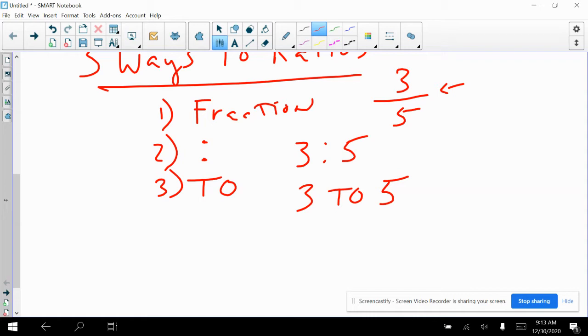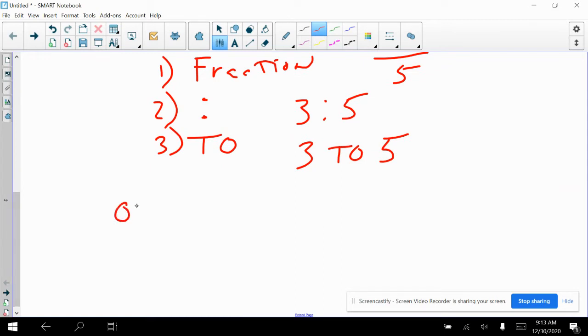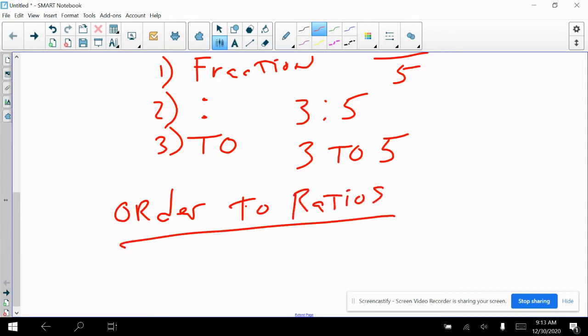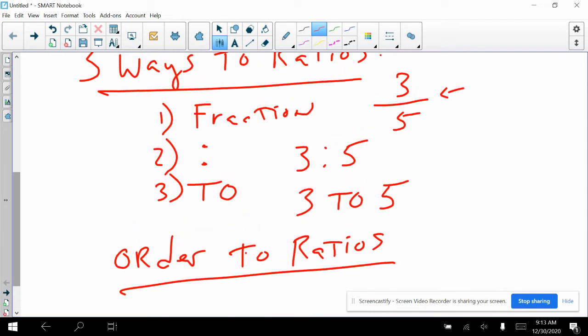Now, what I want you to notice out of all of those examples is there is an order to ratios. Notice that the 3 is first and the 5 is last. Okay, and we've talked about this before in the first 4 chapters. We read math going left to right.